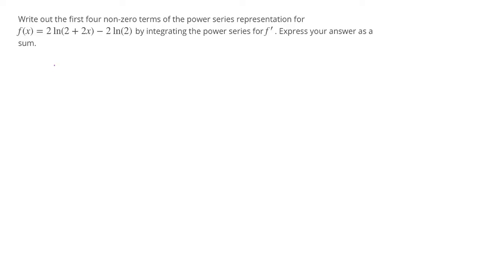So here we know that our geometric power series has a representation: 1 over 1 minus x is the sum from n equals 0 up to infinity of x to the n. And further, we know that that is valid for the absolute value of x less than 1.